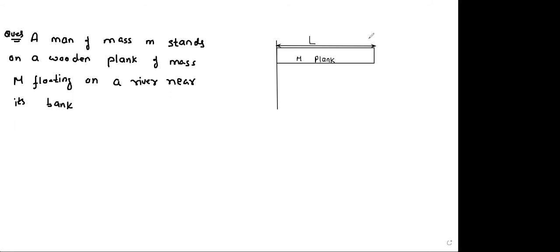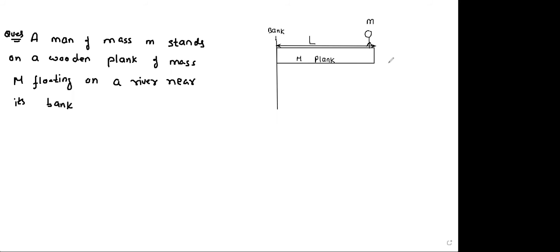The mass of the plank is capital M. And this is a man. The mass of the man is small m. The man is at rest. The plank is floating just near the bank of the river.